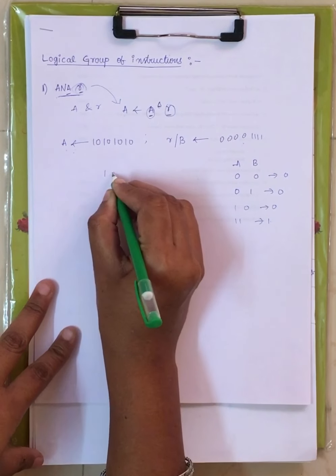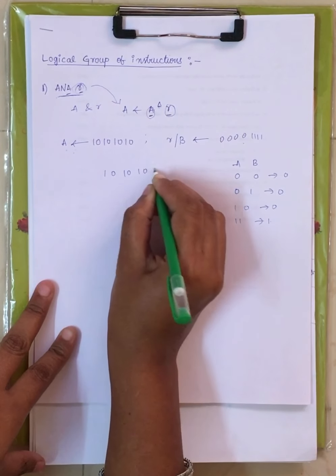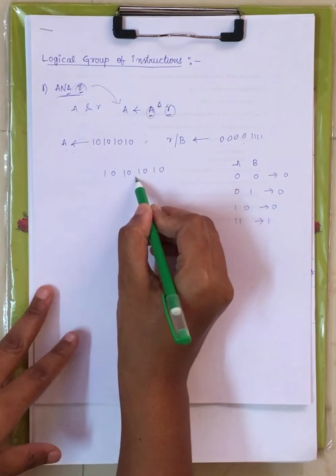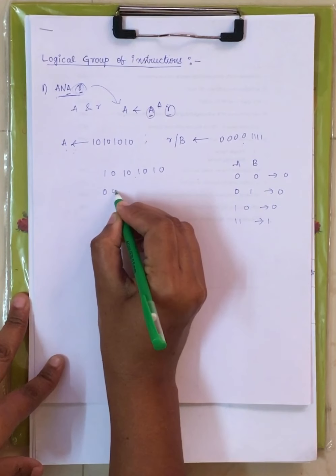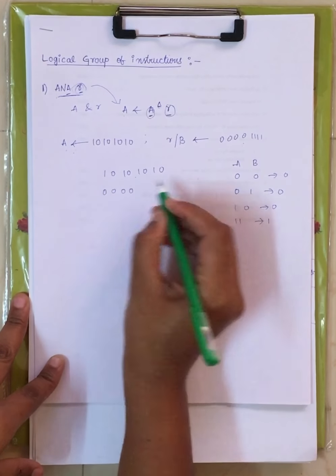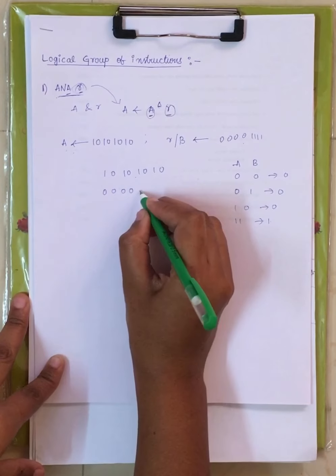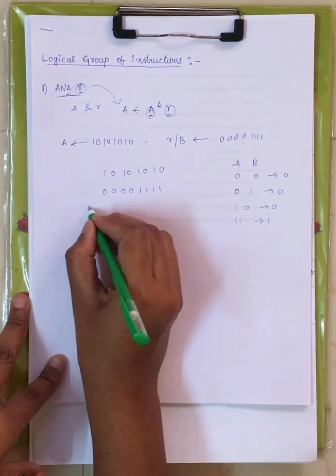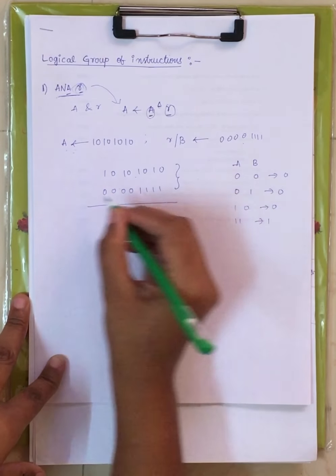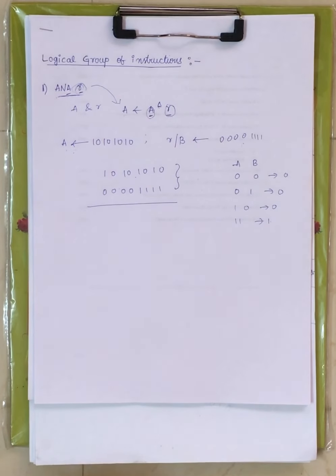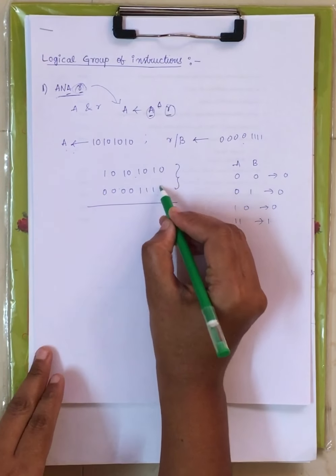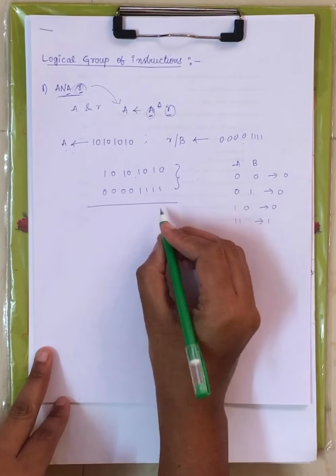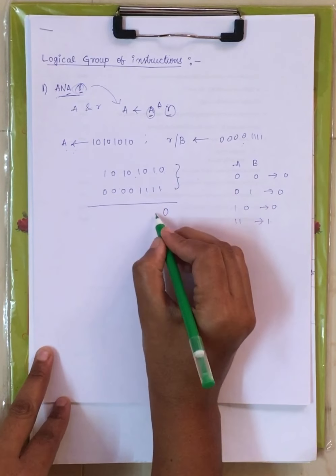Now it will first consider the contents of the accumulator register. Next it will consider the contents of register R or B, which is specified within the instruction, and between these two contents it will do the AND operation, right? When it is 0 1, the result is 0. When it is 1 1, it is 1.